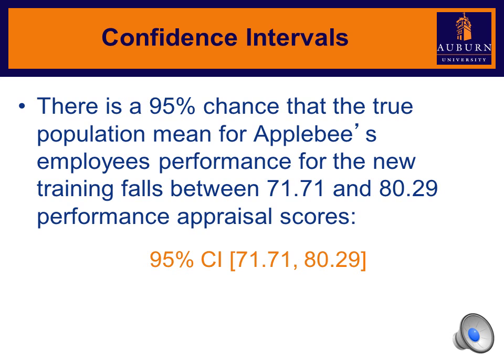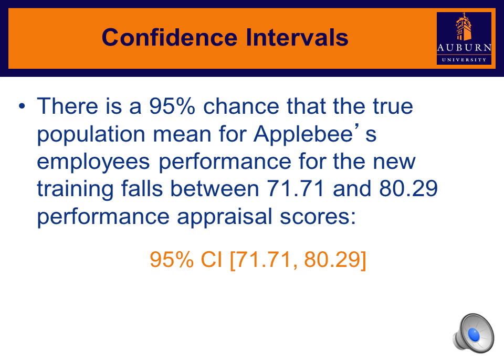And you should also recognize, and you should include this in your description as well, that when we have a confidence interval, we're talking about the raw scores that we originally collected. So we're talking about performance ratings here. We're not talking about z statistics. We're not talking about standard deviations. We're talking about performance appraisal scores.